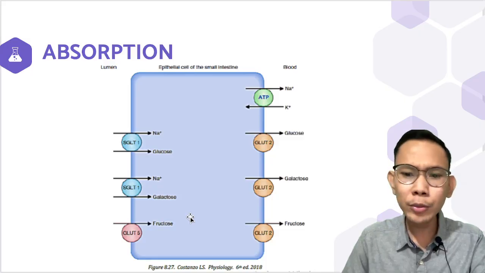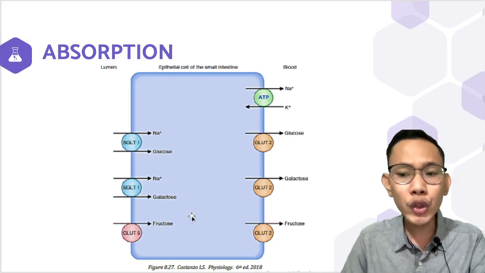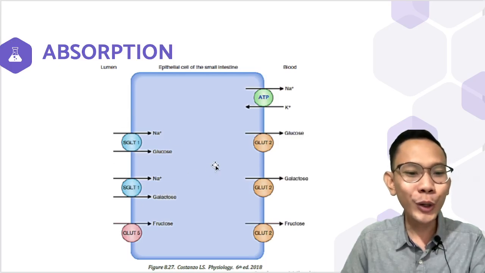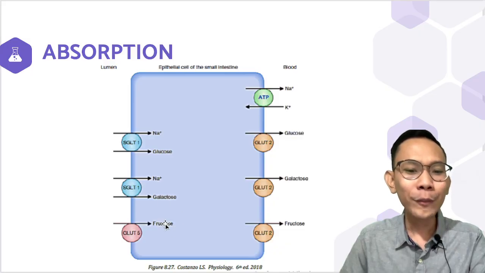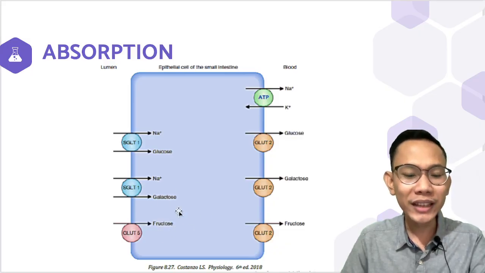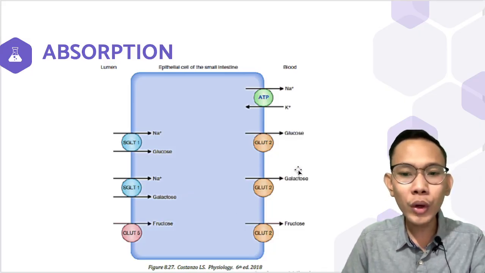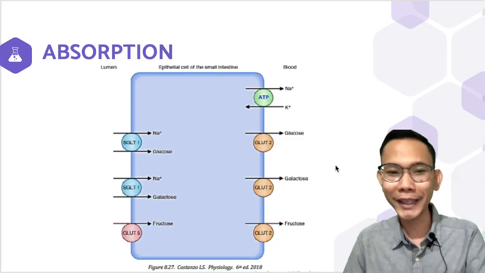We cannot absorb your disaccharide or your polysaccharide. Your SGLT1 is used to absorb your glucose and galactose from the lumen to your intestinal cell. Your GLUT5 for fructose from lumen up to your intestinal cell, and your GLUT2 is used to absorb glucose, galactose, and fructose from the intestinal cell to the blood.